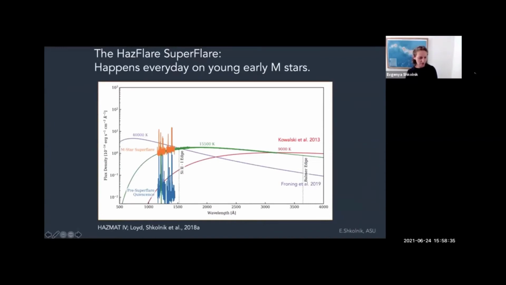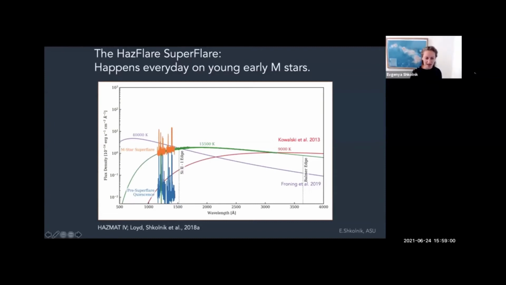Here I'm showing you the full wavelength range from 500 to 4,000 angstroms. This is the HAZMAT flare data. So the blue here is the quiescent spectrum of that target. The orange here is the flare itself, the flare spectrum. And what we were able to do is fit a 15,000 Kelvin black body, which is a much hotter black body than we usually assume for the flares.